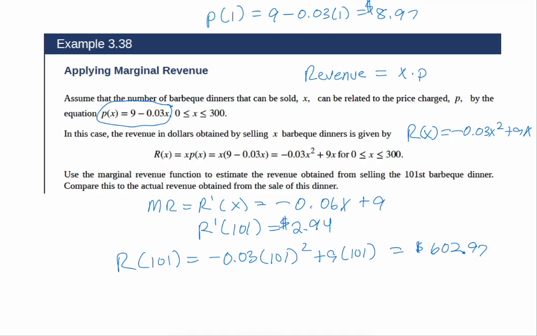So this is where, let's say you are a business owner and you want to look at, in a day's time, should I make more than 101 dinners? Eventually, you might reach a plateau where it starts costing you so much money to make those extra dinners. Remember, it says that you can go up to 300.